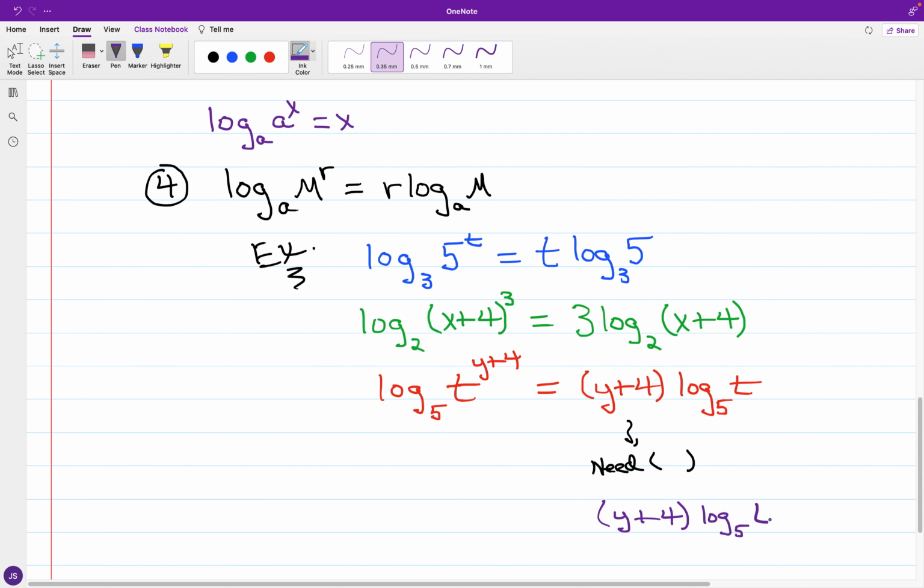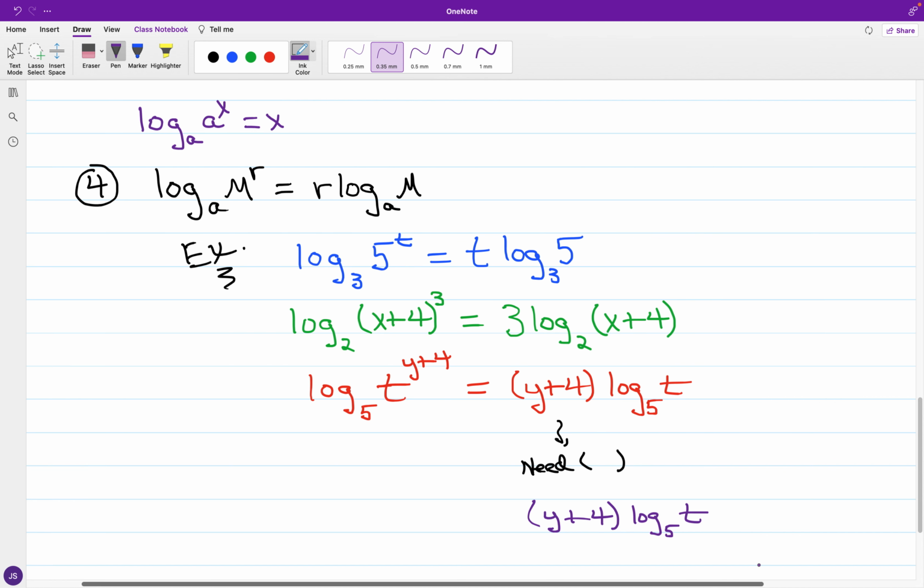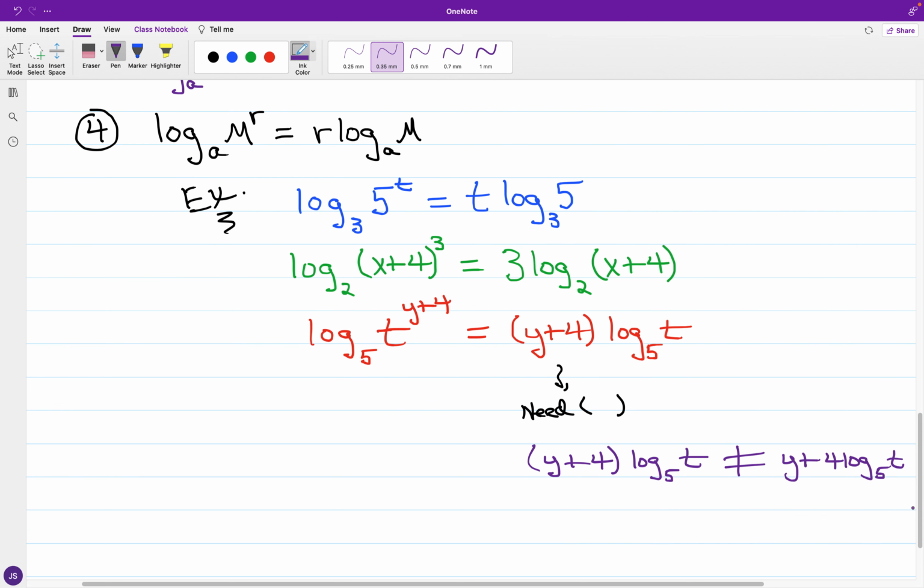Because without the parentheses, in other words, you have y plus 4 base 5 logarithm of t, the base 5 log of t would be multiplied by only 4, whereas y is detached. So this is not the same as what might otherwise be on display. Again, you do need the grouping symbols.